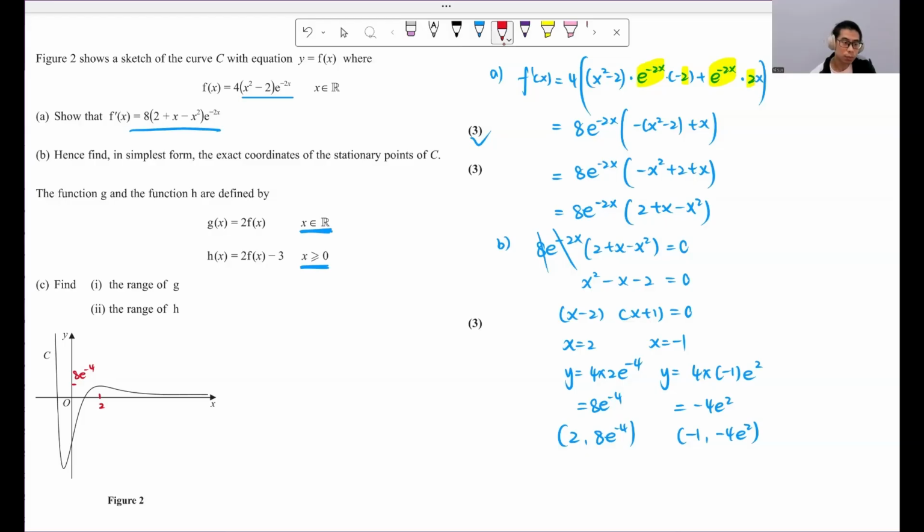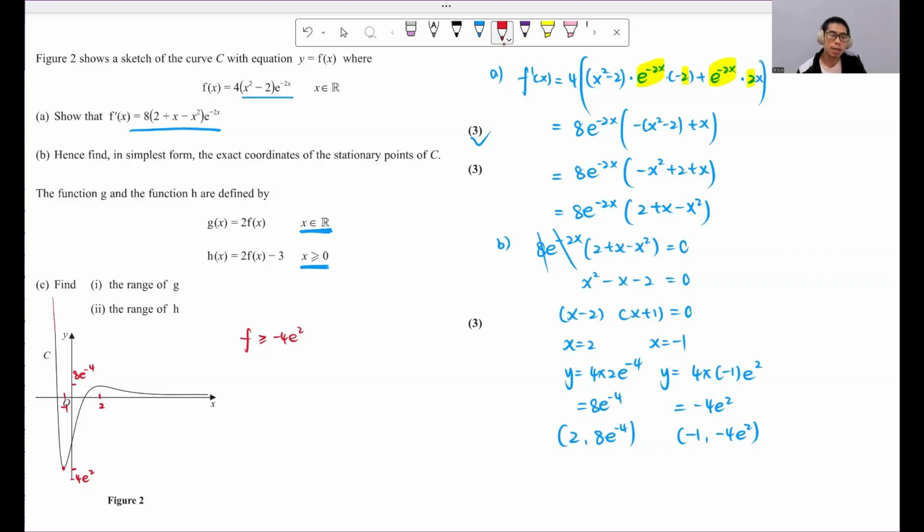And the other one is when x equals negative 1, and the y value is negative 4e squared. So clearly for function f, the range has to be always more than or equal to negative 4e squared, because that's the lowest possible y value, and then this curve will go to infinity.